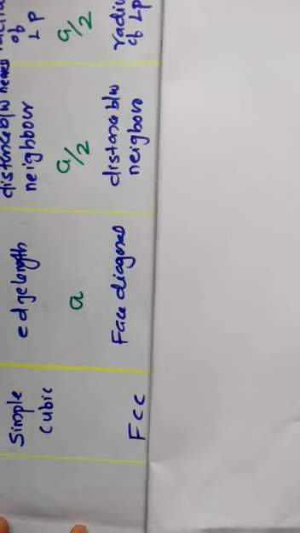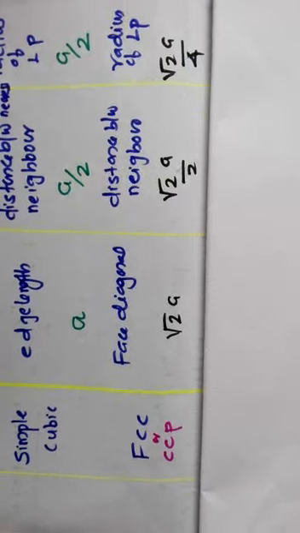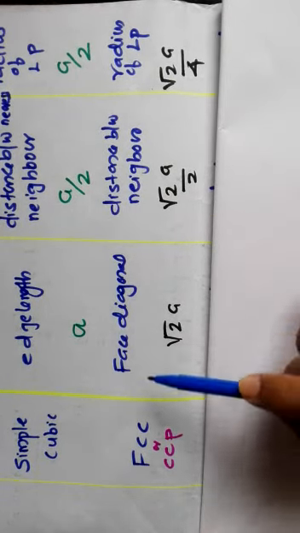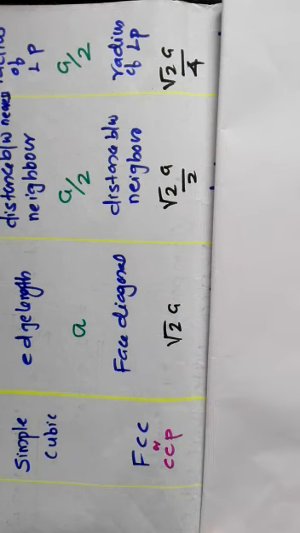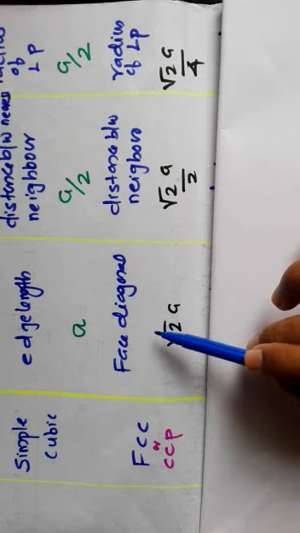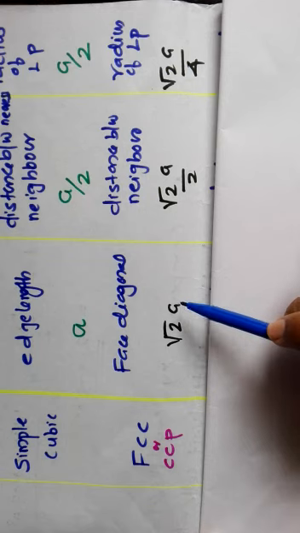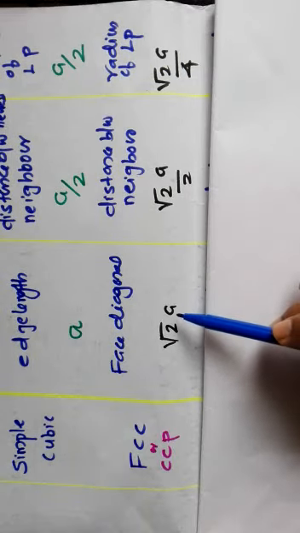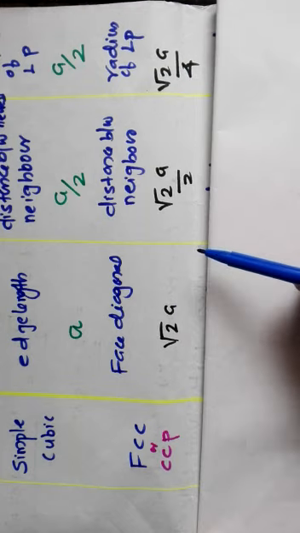Now I go to the next one, FCC or CCP. Here I use the face diagonal. I will introduce you the face diagonal: that is root 2a. Edge length a, face diagonal root 2a, where a is the edge length of the unit cell.